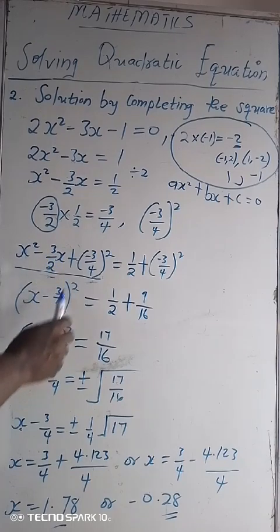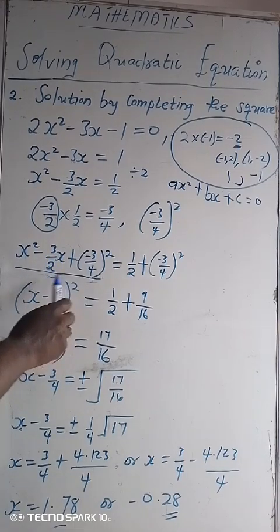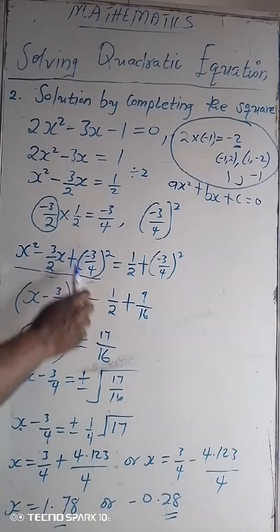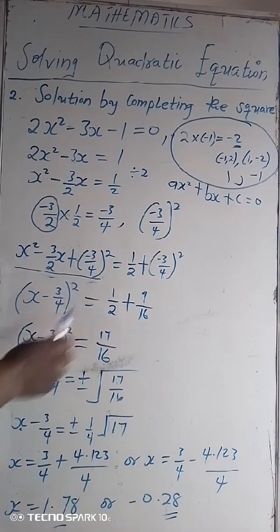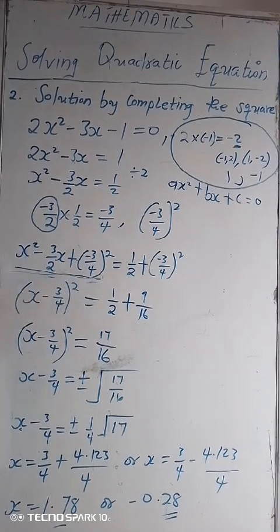And then the last step, we square the last term, which of course is here. So this that we have seen here, x minus 3 out of 4 all squared, is equal to that.